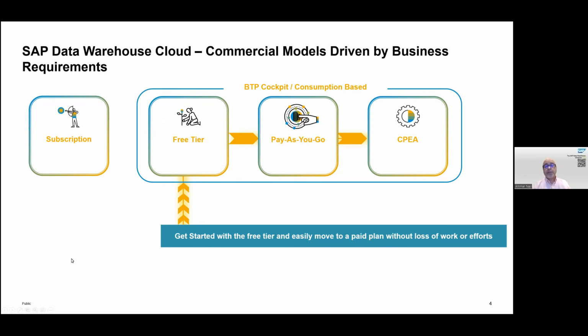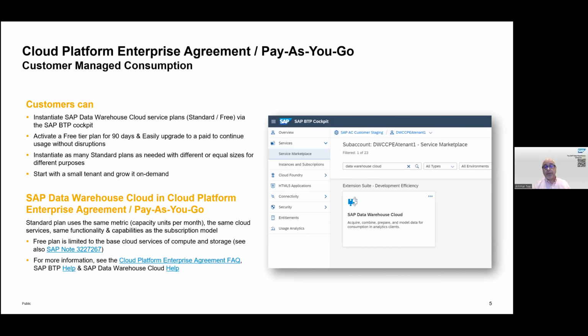Under this consumption-based model, we launched 2 service plans. Customers can choose from these service plans within the BTP cockpit. We offer the standard plan as well as the free tier plan. The standard plan is the same as what customers get today as part of the subscription-based model, with the same features, same capabilities, no different.